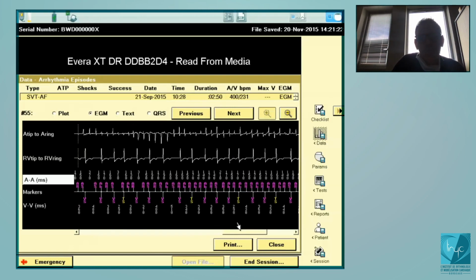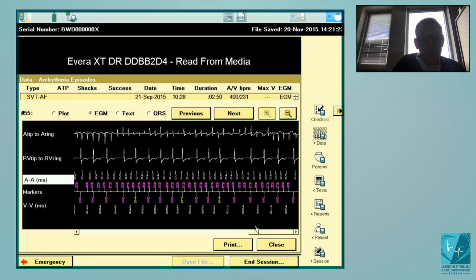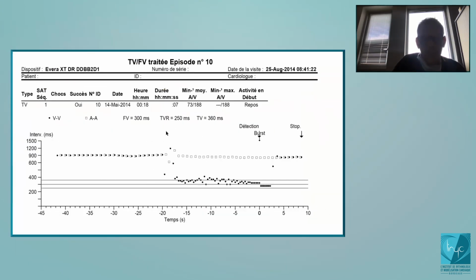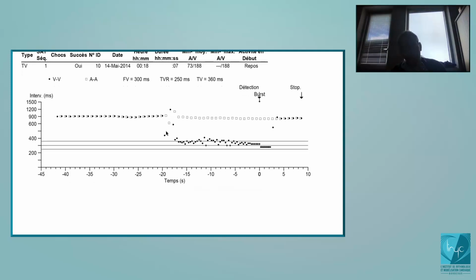Of course, that may be a limitation in some cases. You see here this example. This is a patient with dysplasia with many episodes of ventricular tachycardia. In this patient, we wanted to treat him because his episodes were symptomatic. And you see here, there are 3 zones. We do not program patients like this anymore, but 3 zones here.